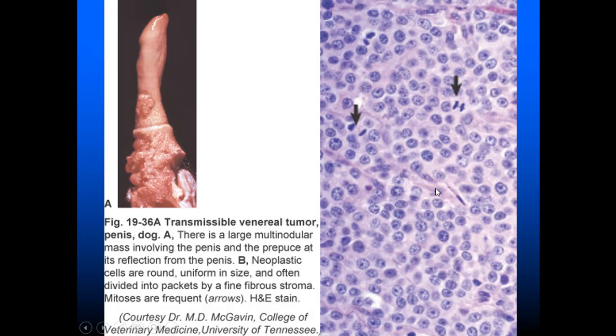There is also fibrous tissue between the tumors like this, and it is very common for us to find mitotic figures. Mitoses are frequent here, and the size of the tumor nucleus is almost similar to the size of the cytoplasm. It is a really large tumor, and this is a malignant tumor. Sometimes it can also penetrate the surrounding tissue.